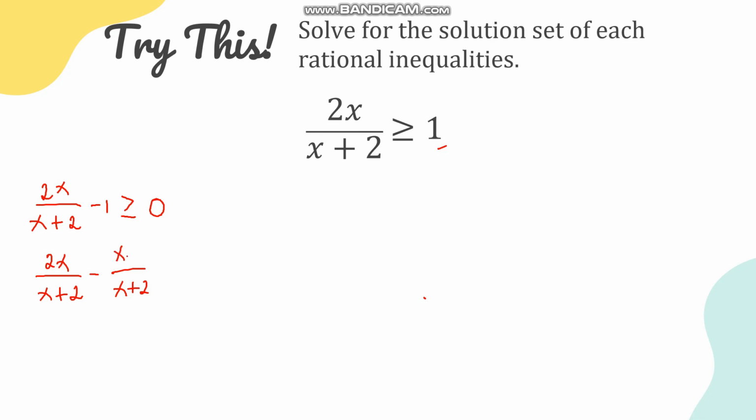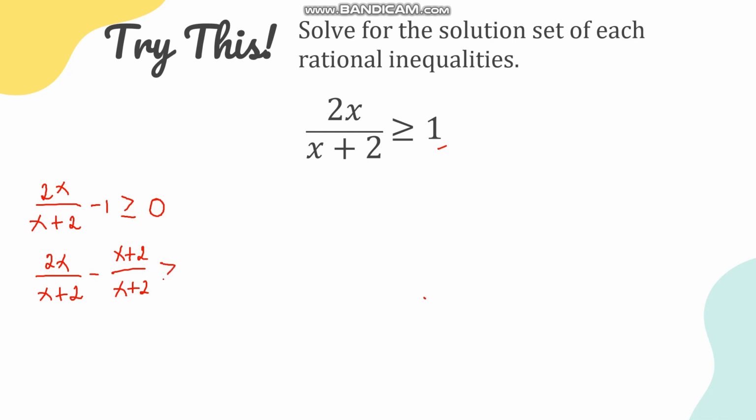The numerator should also be x plus 2. Why? Because if you simplify this, x plus 2 over x plus 2, this will just give you 1. Okay? So the value did not change. We just express it in a different manner. So instead of 1, we express it as x plus 2 over x plus 2, so that we can combine it with another rational expression.